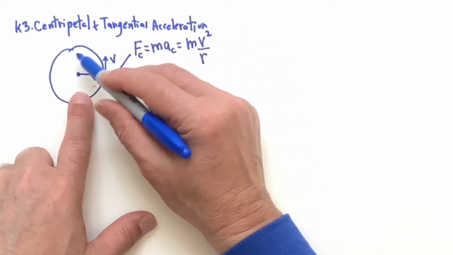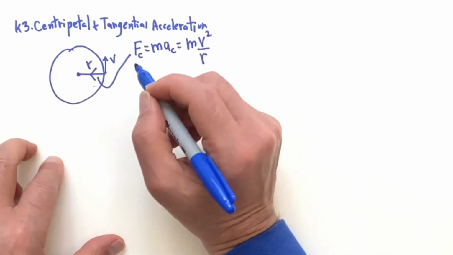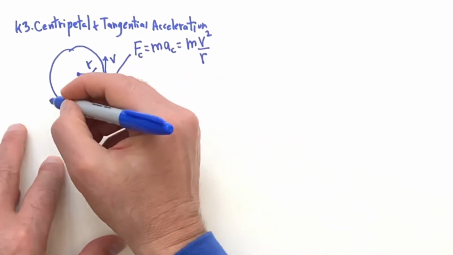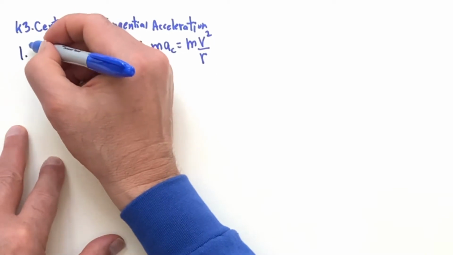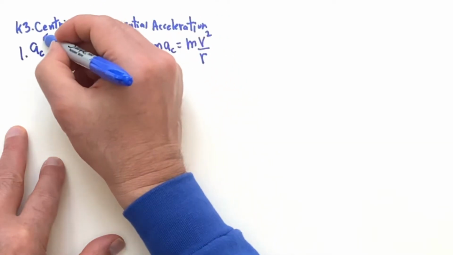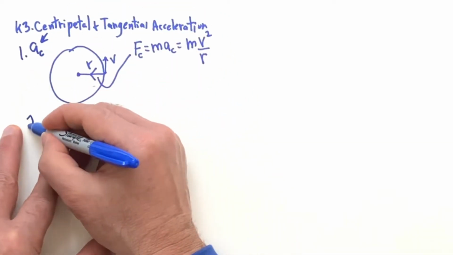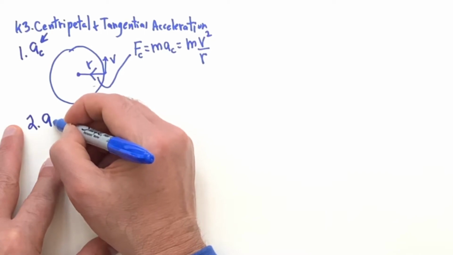But when I was getting this to go faster and faster, I also had tangential acceleration. So let's look at that. Let's call this one here the centripetal acceleration. That's this one, a little c. And then let's put a little t here.